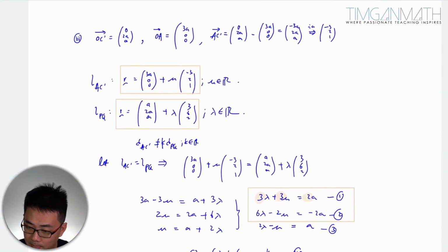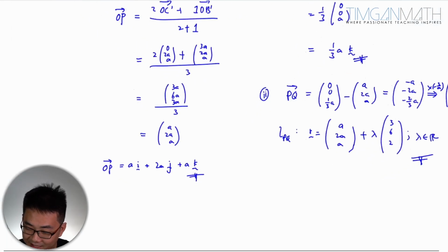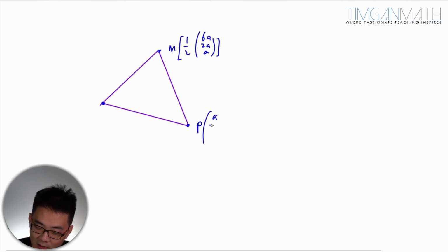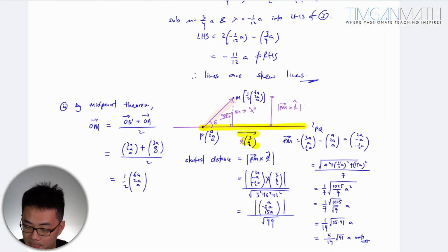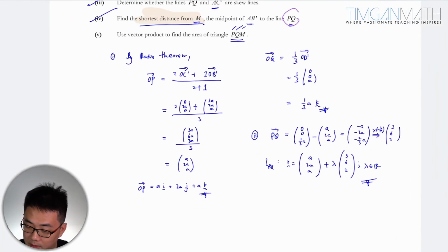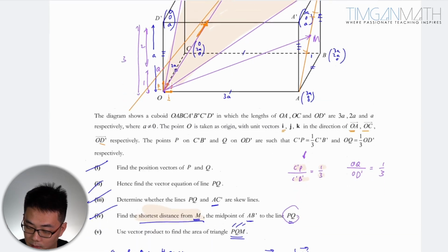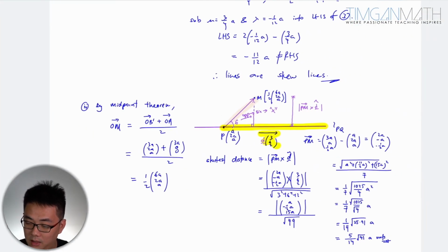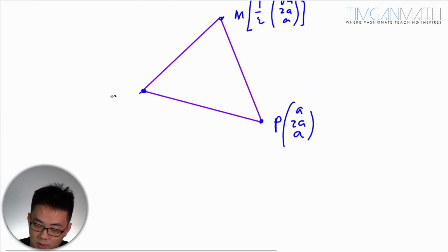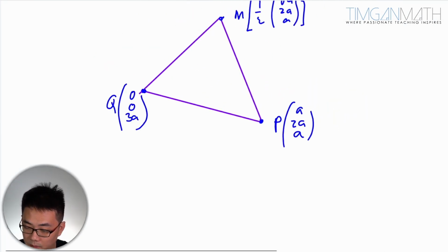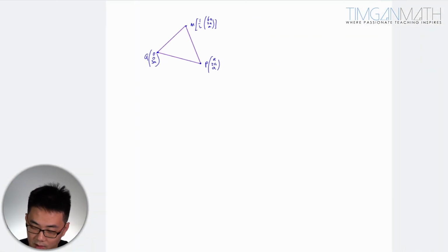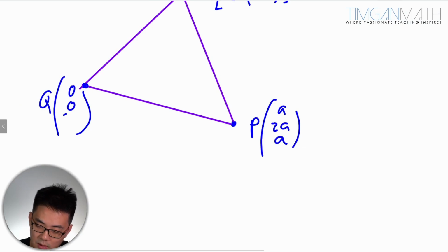P is a, 2a, and a. Then after which we got Q. Q is 0, 0, 3a. Am I right? No, I'm not. It's a over 3.